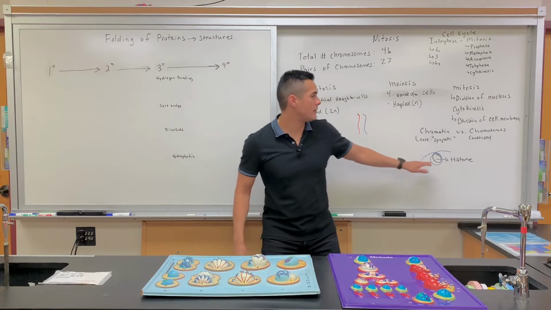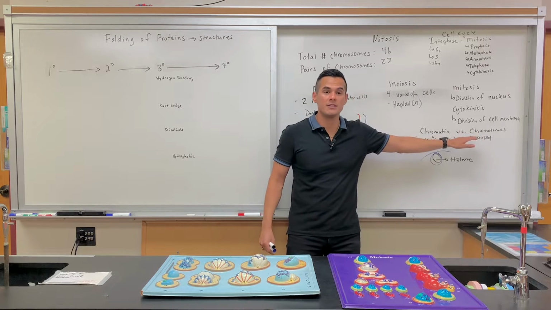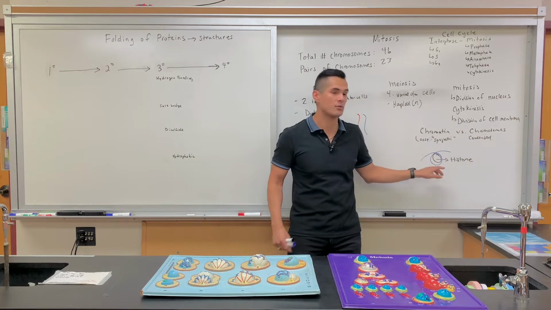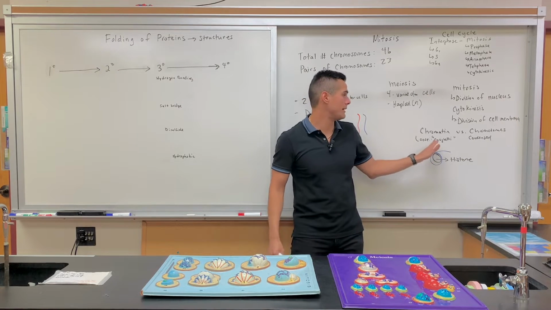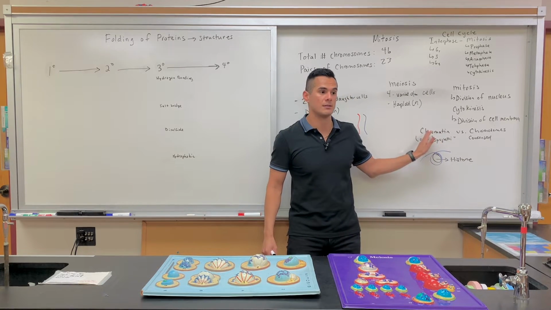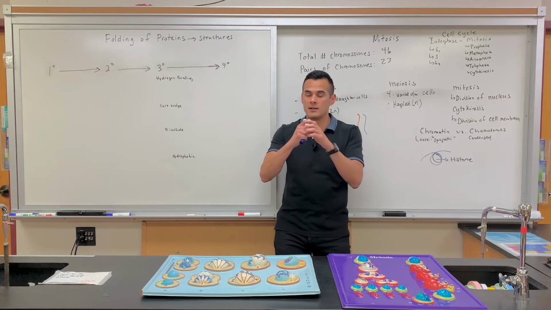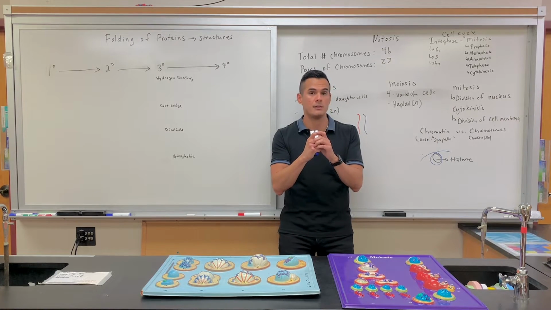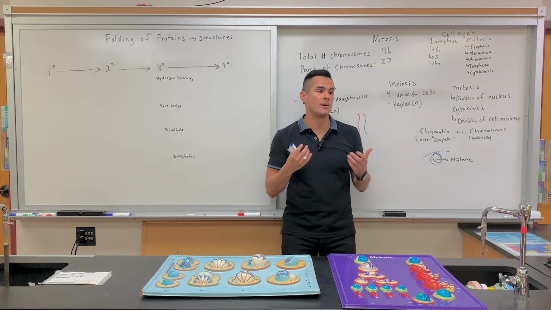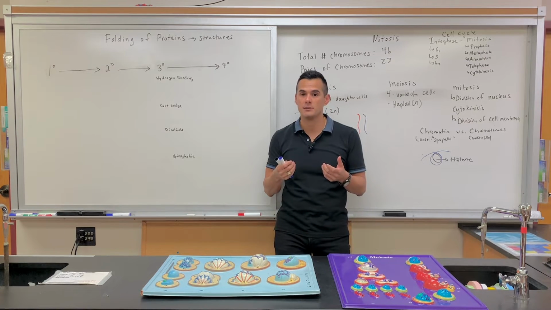When chromosomes are in the condensed form, the DNA is wrapped really tight. But in interphase, when it's chromatin, it's not going to be tightly held on those histone proteins.